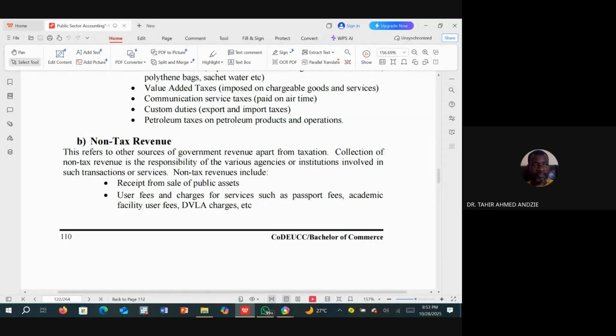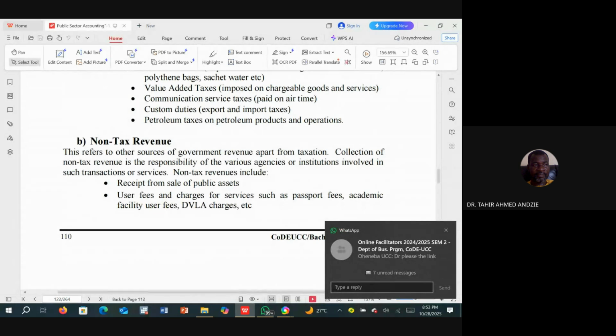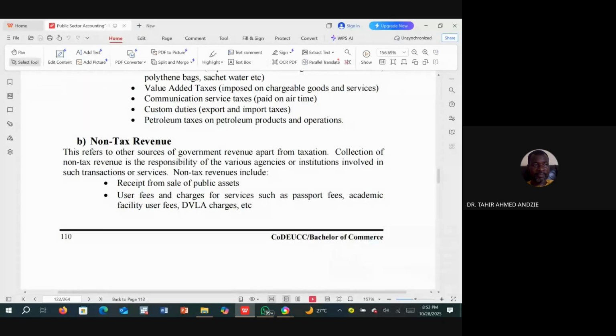If a government entity sells any public asset, this is revenue that is non-tax. Then user fees and charges for services such as passport fees, academic facility user fees, DVLA charges, etc. All these are non-tax revenue.